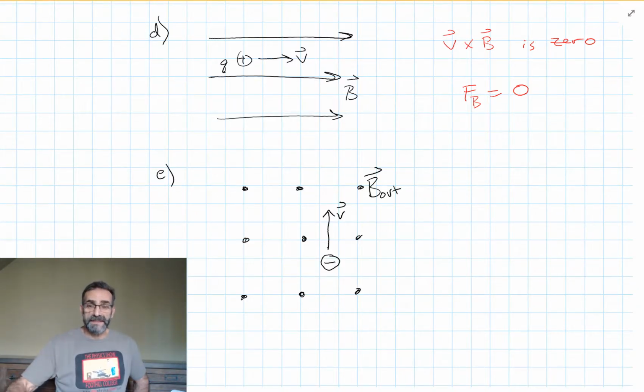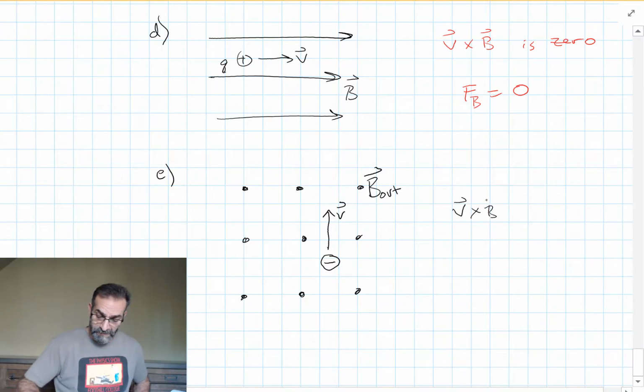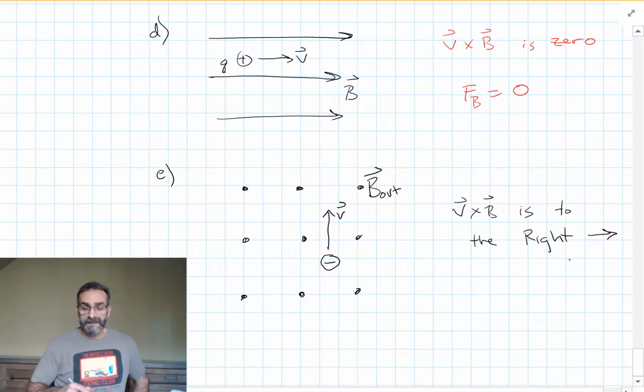Now we have a magnetic field pointing out of the page and a negatively charged particle moving toward the top of the page. So what direction is V cross B? V cross B is to the right.